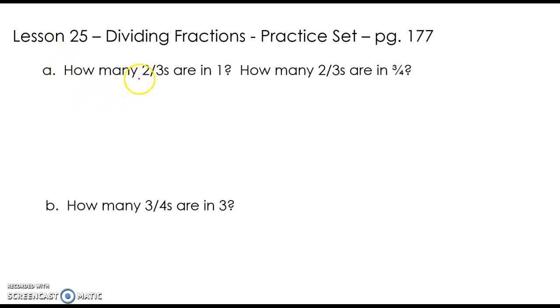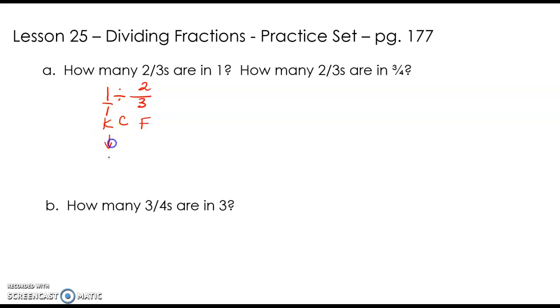Let's get started. So this is how many 2/3 are in 1. So we are dividing 1 by 2/3. And when we divide fractions, and we're going to make 1 over 1, so we're going to call that a fraction, we do the keep, change, flip method.